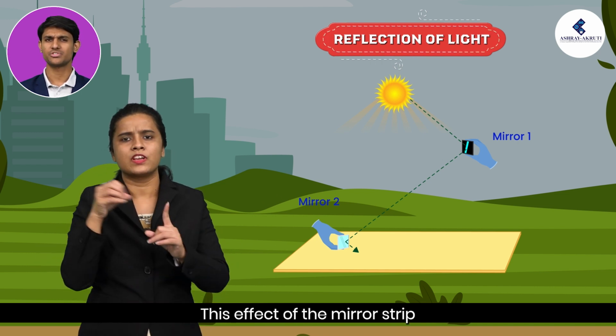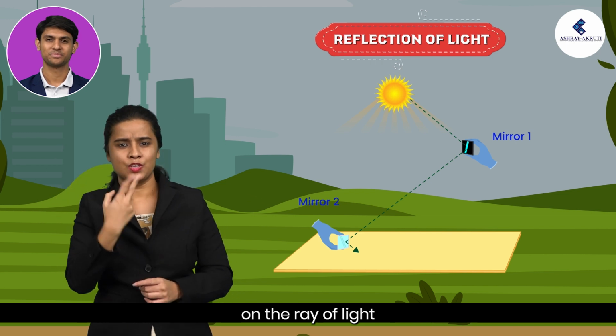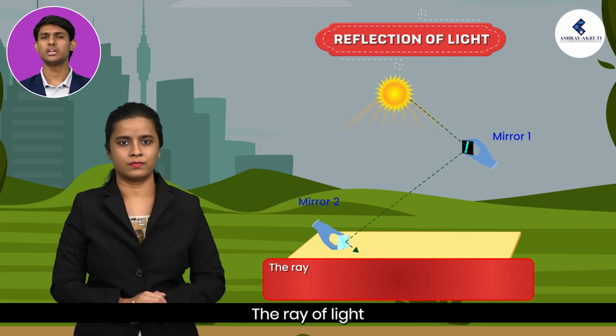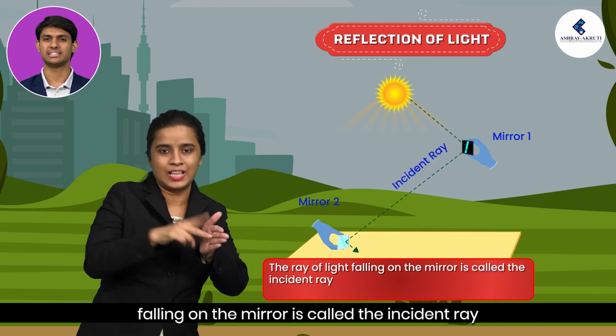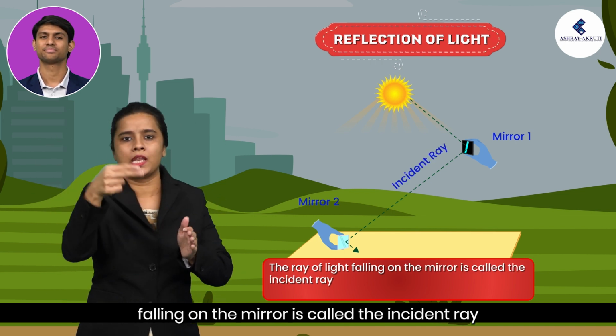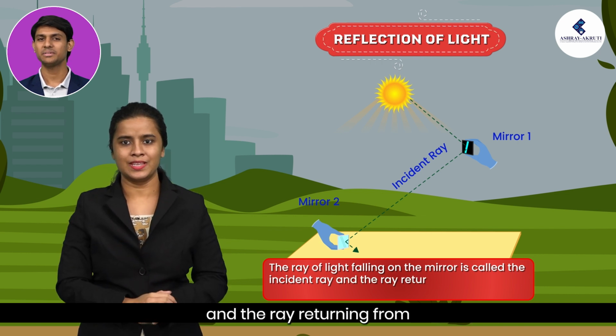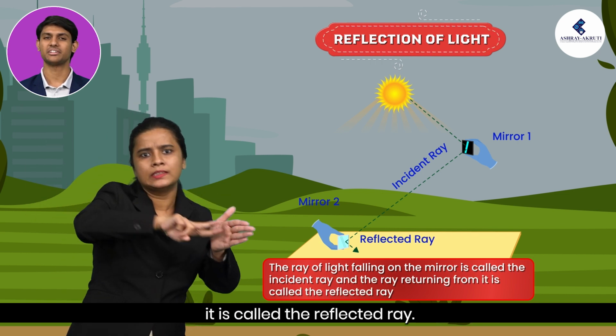This effect of the mirror strip on the ray of light is called reflection. The ray of light falling on the mirror is called the incident ray. And the ray returning from it is called the reflected ray.